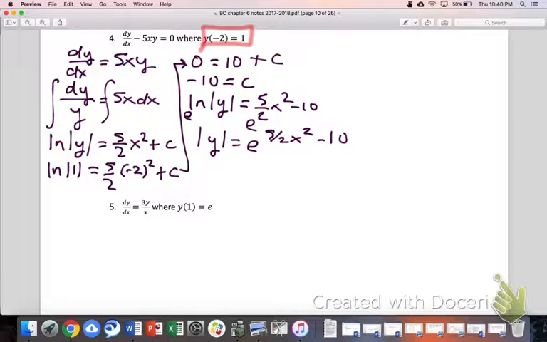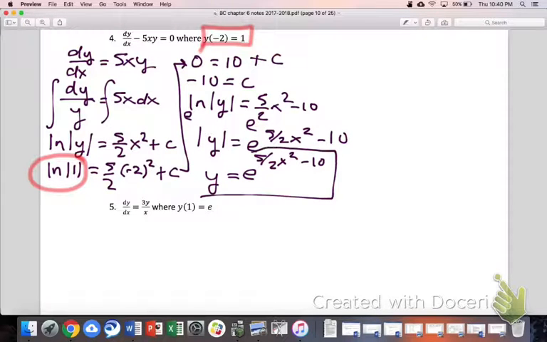When I plugged in the initial condition, we want to ask ourselves if the absolute values were necessary to turn a negative into a positive as we evaluate the absolute values. In this case, the answer is no. The absolute values did not have that effect because the input was already positive. And so as we evaluate absolute value of y, we would take the positive side, and we would say y equals e to the 5/2 x squared minus 10. That would be the particular solution to our differential equation.